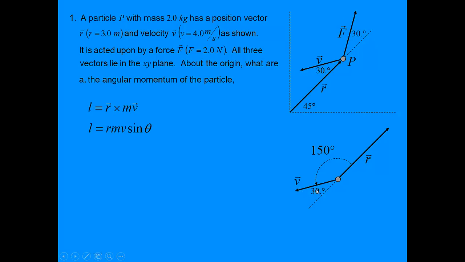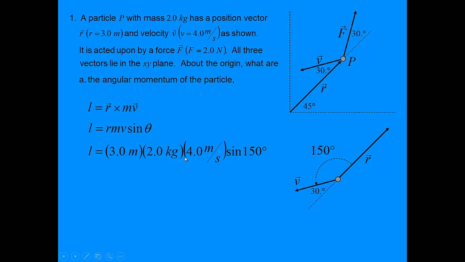So sine 30, sine 150, going to be the same thing. So r is 3 meters, mass is 2 kilograms, speed is 4 meters per second, sine of 150, which is really the sine of 30, which I am sure you all have memorized as we used to have to do in the old days, it's 0.5.